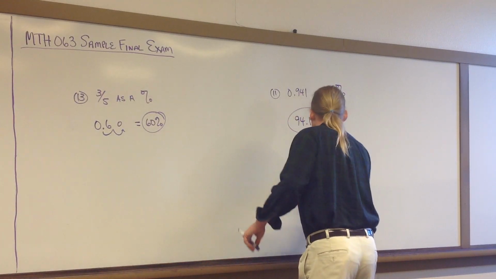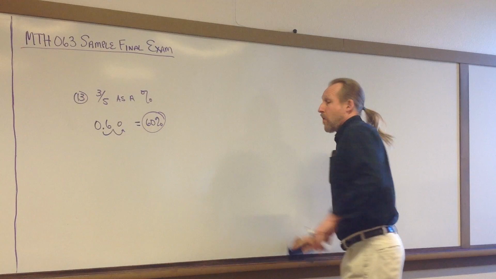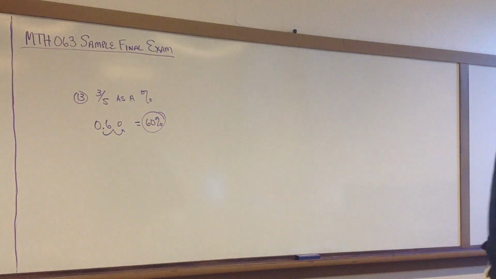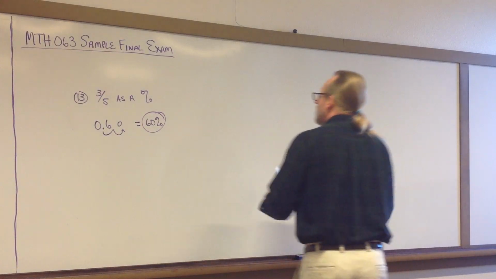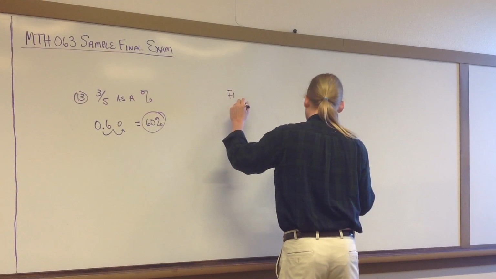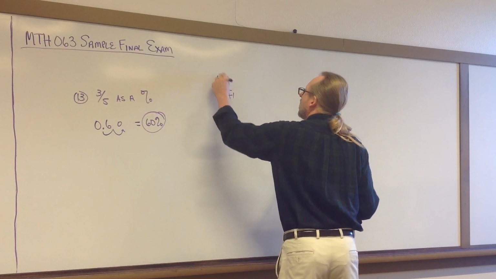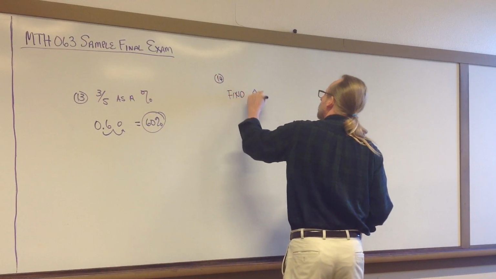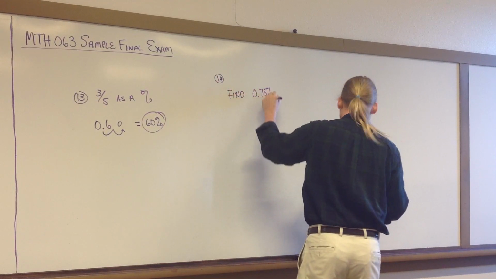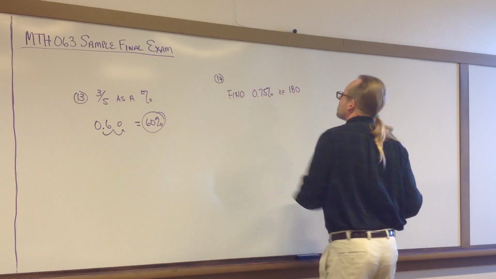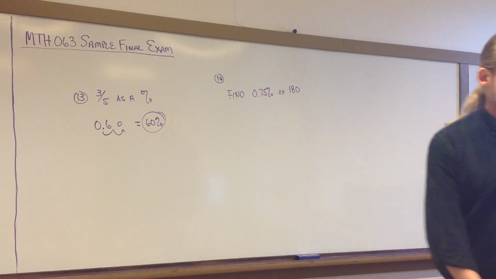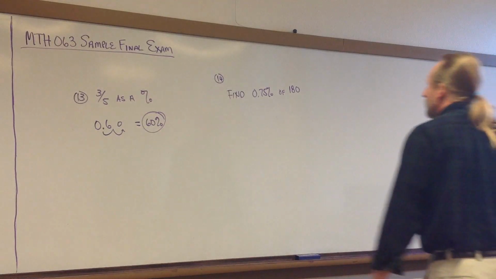Okay, let's look at problem 14. Find, now this is where it gets a little confusing, find 0.75% of 180. Okay. So again, there's a couple different ways to approach this.